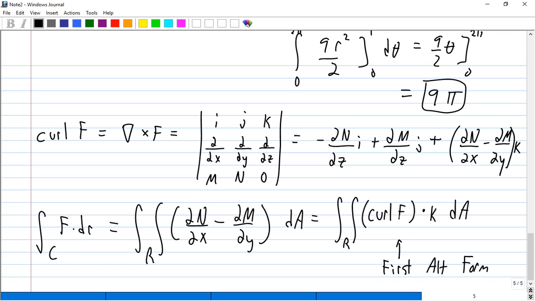Extensions of this form actually produce Stokes' theorem that we're going to cover in section 8. So Green's theorem and Stokes' theorem are related. The second alternative form goes, instead of the curl, we look at the divergence.